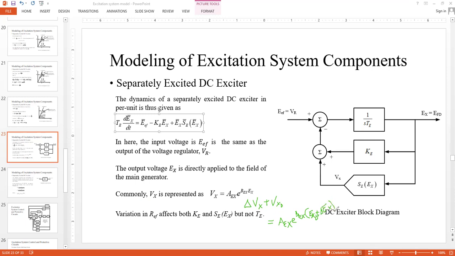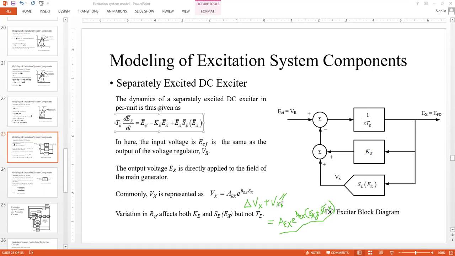Then you simplify these exponents, and simply you take the Vx naught from both sides. Vx naught should be equal to AEX e to the power BEX into EX naught. If you take it out, then whatever would be left, you should be satisfied with that.